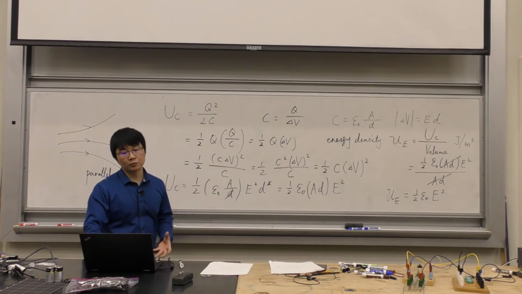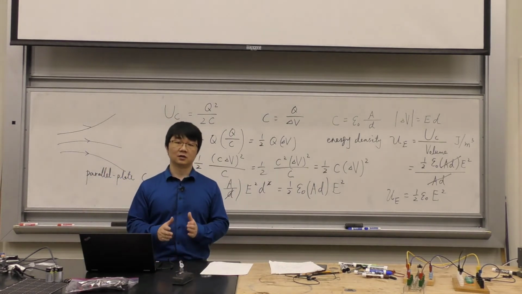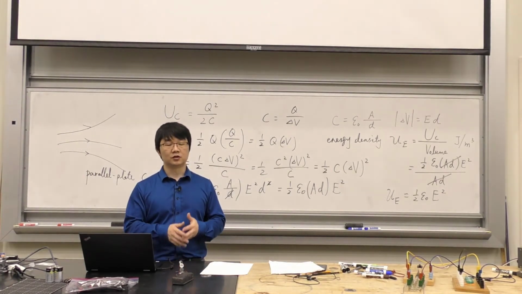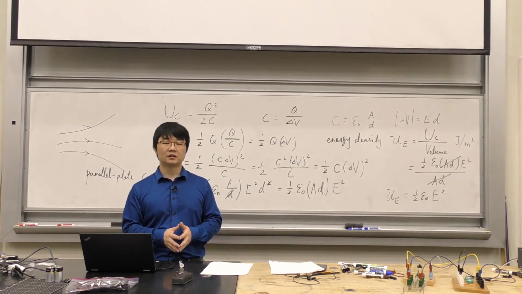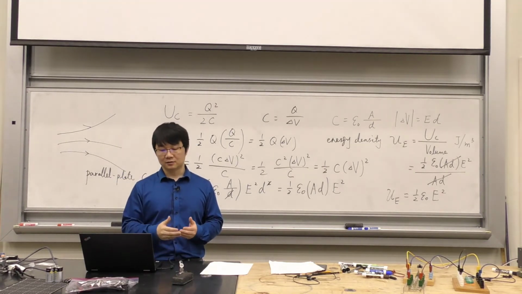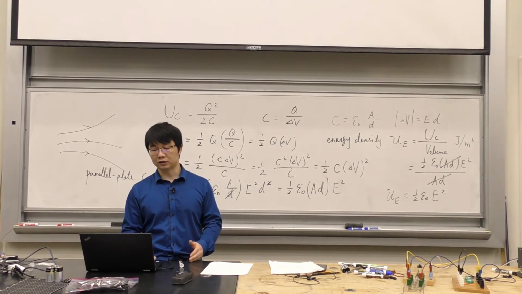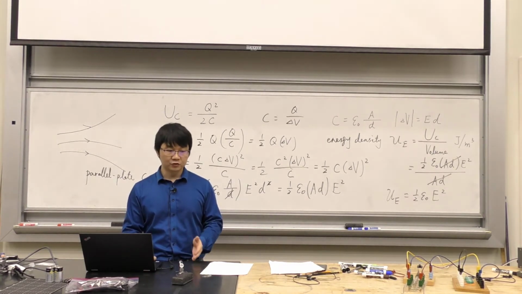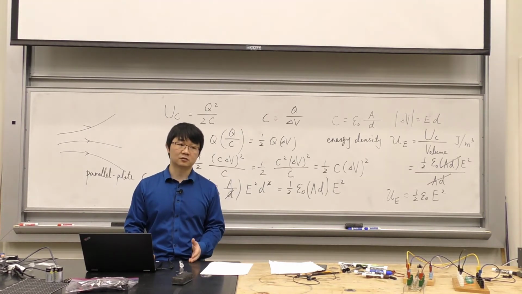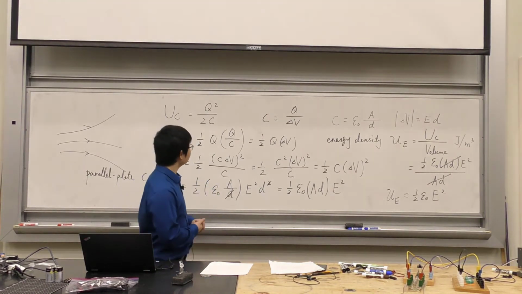That's why we put dielectrics in these capacitors: to make C larger, the maximum charge Q larger, and the breakdown voltage higher, which is also good. It also makes the electric field energy it can store larger, which is not a surprise because everything gets larger.